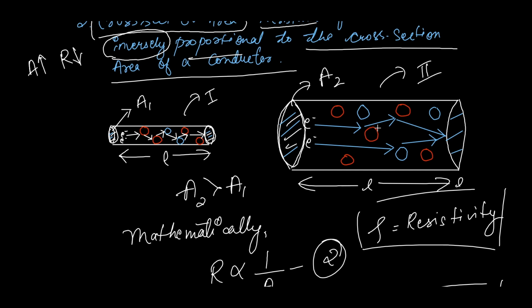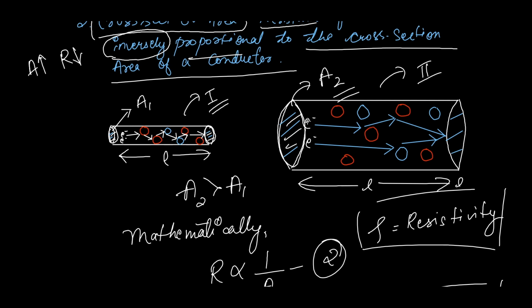If you compare conductor 1 and conductor 2, in which case can the electron flow easily? Obviously you will say the one having a greater cross section area. If the electron can flow easily, that means there is less obstruction or less hindrance. And if the electron cannot move easily, like in the first conductor, then it means higher collision and higher resistance.